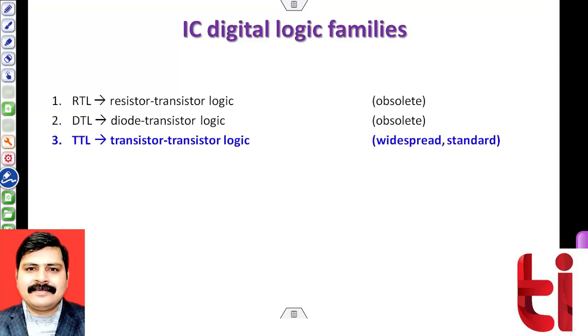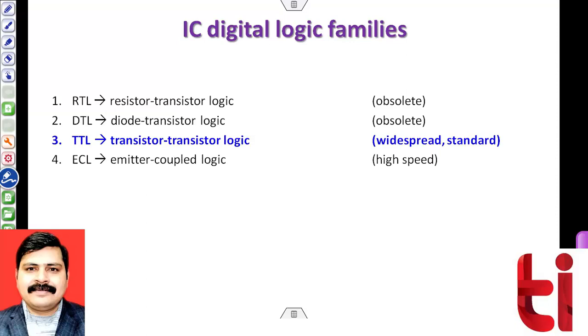Here, combinations of diodes and transistors along with resistors have been used, and this is also obsolete and not popular nowadays. The next is the TTL, transistor transistor logic, which is still a sort of benchmark. We will discuss this in detail.